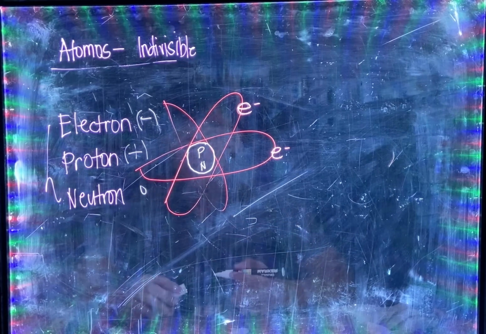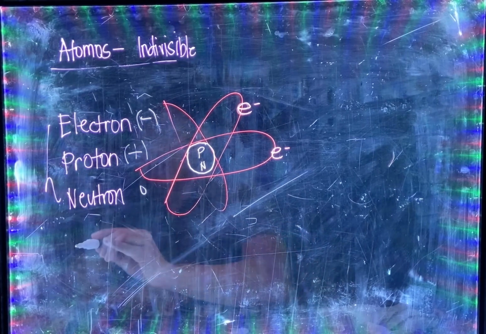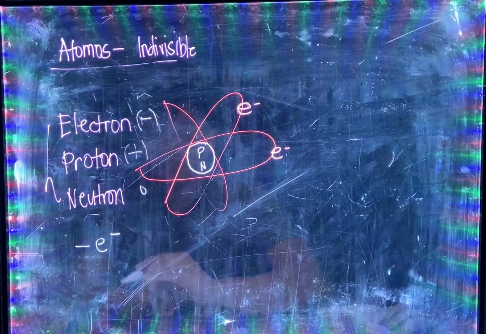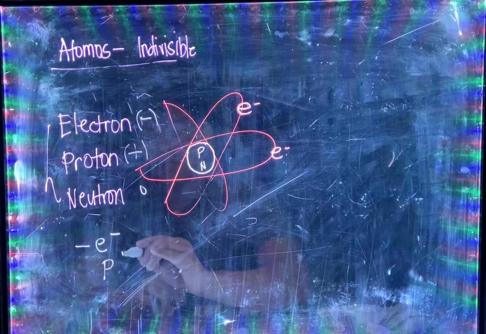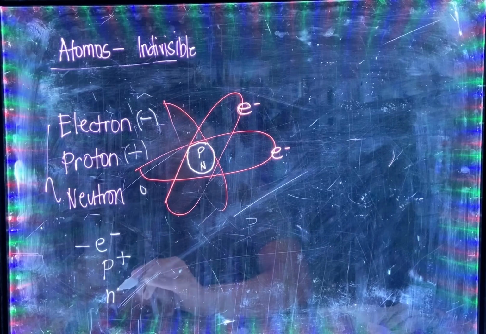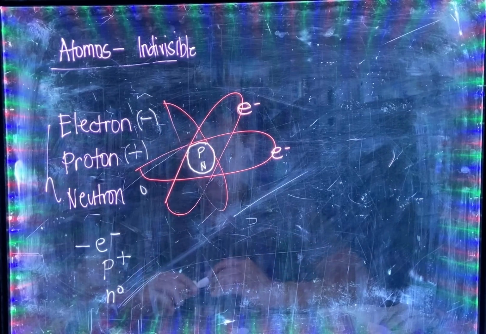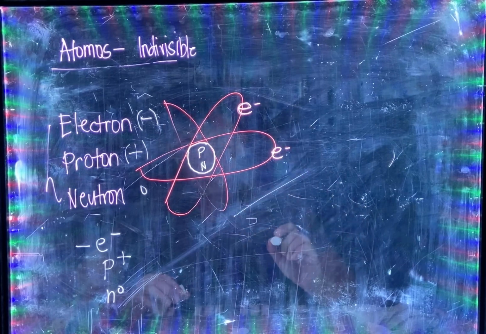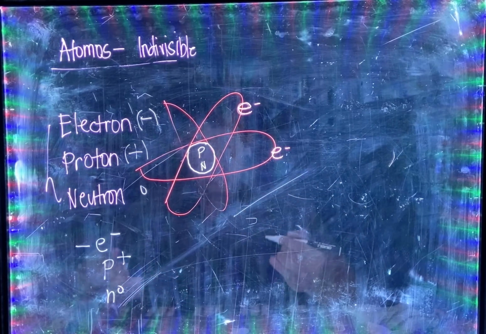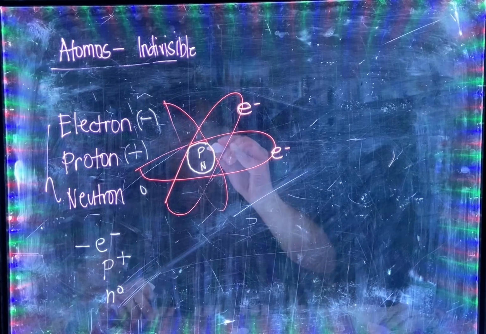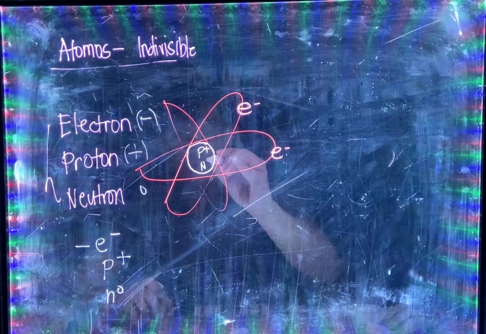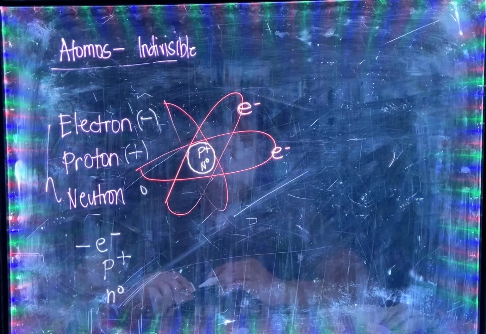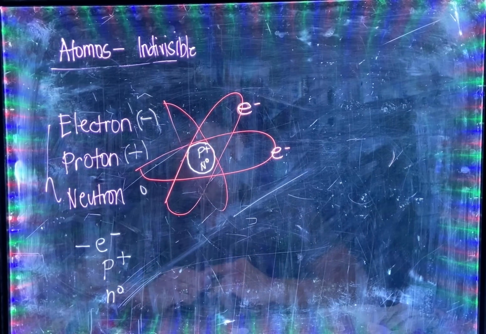They are represented by e with a negative sign, p with a positive sign, and n for no charge. The nucleus is the positive part because of the proton. Since neutron has no charge, it doesn't affect it at all. So proton is inside the nucleus.